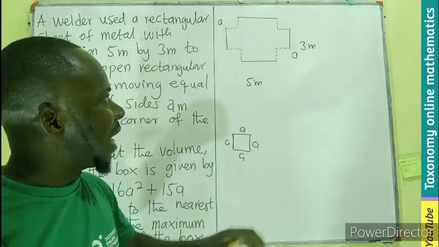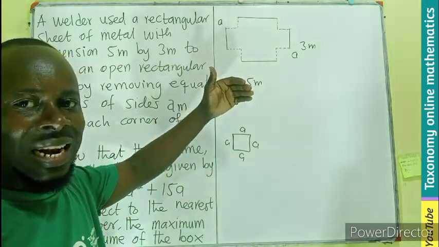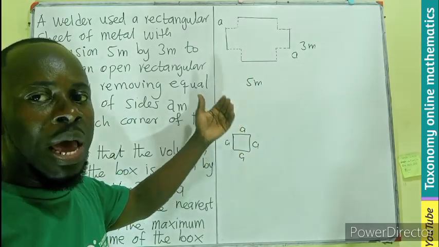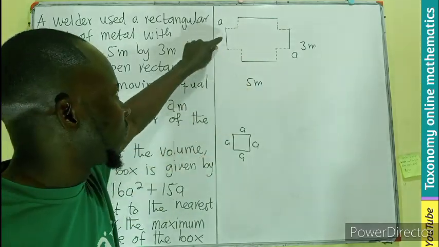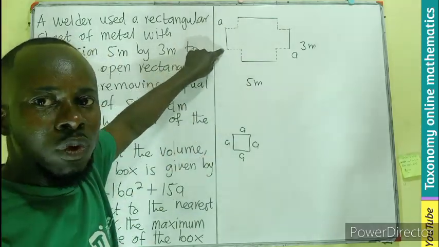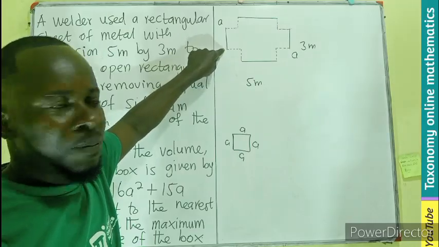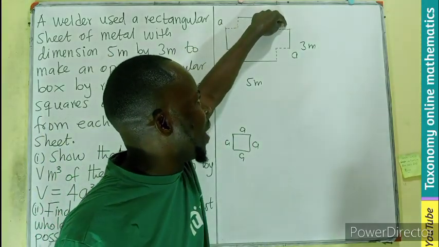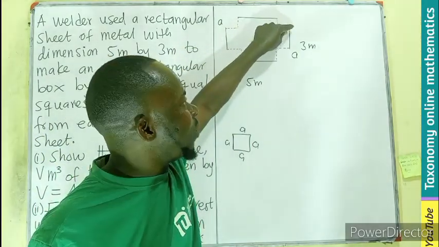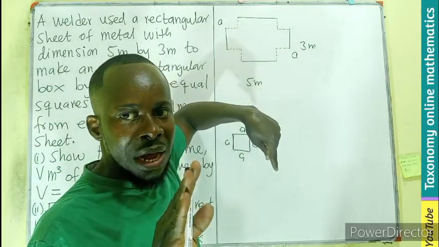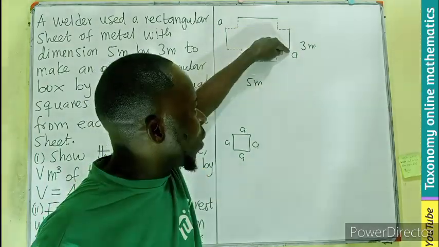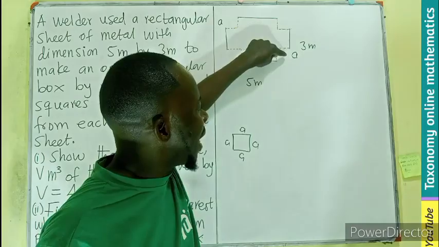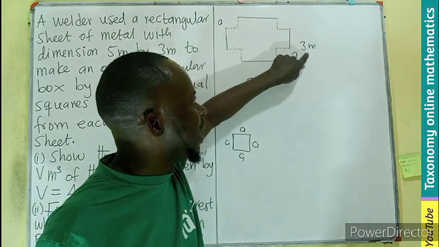You can agree with me that what we are seeing here is the net of a cuboid, so we cannot say that this side will still remain 3. We have taken away, imagine this area we are taking is 1 meter. Then the remaining becomes 2. Then we take away the next one, meaning the 1 will give me the 3.